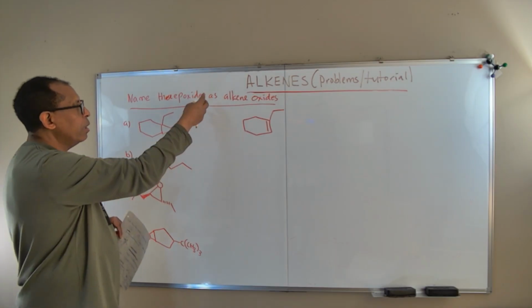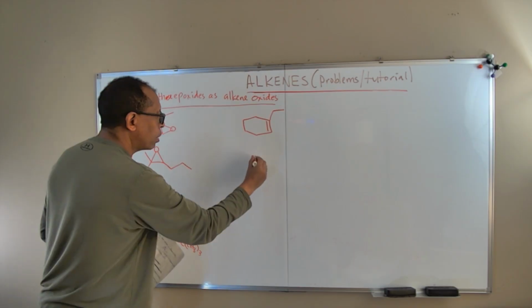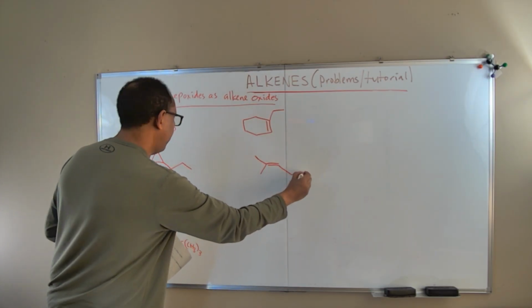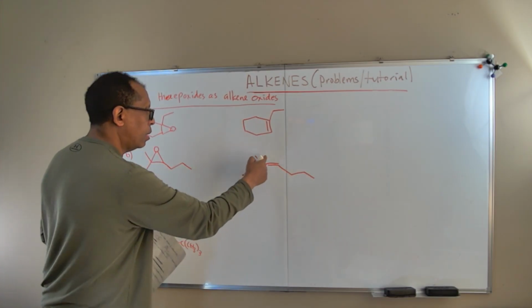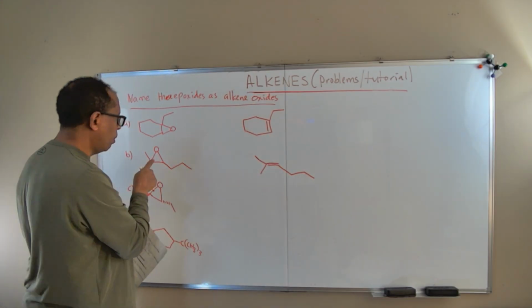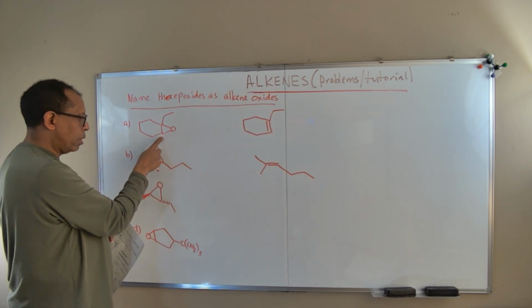That's also how you want to name them. For example, this particular compound is derived from that. By epoxidizing this alkene, you can make that. By epoxidizing this cyclohexene, you can make that.